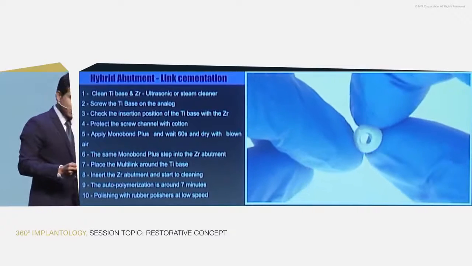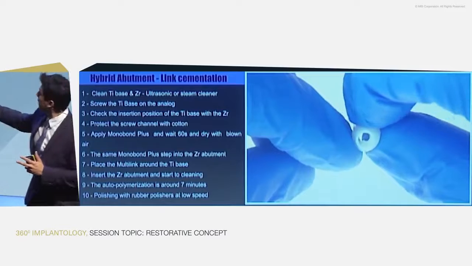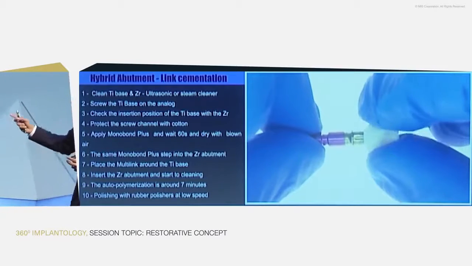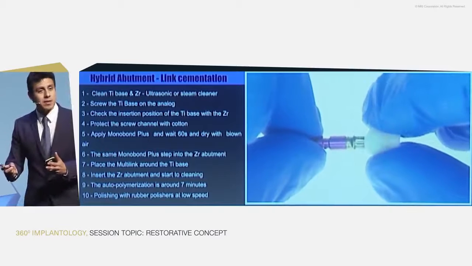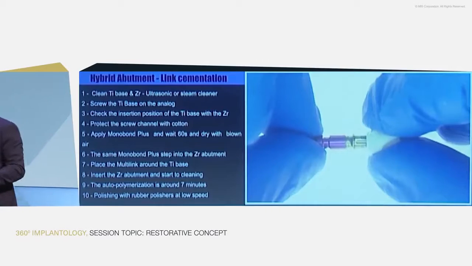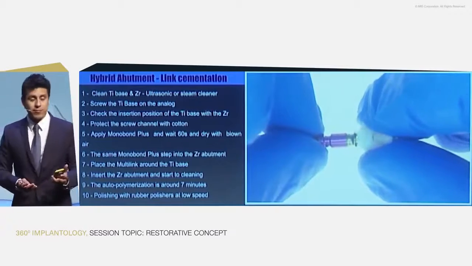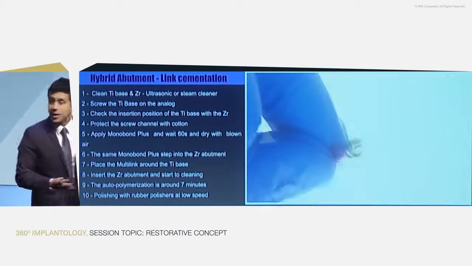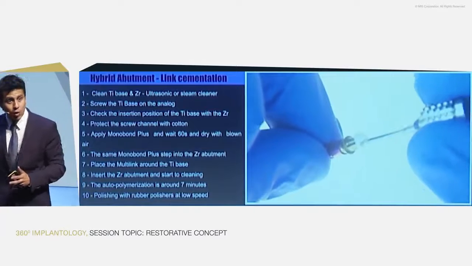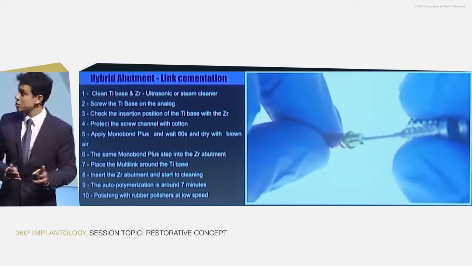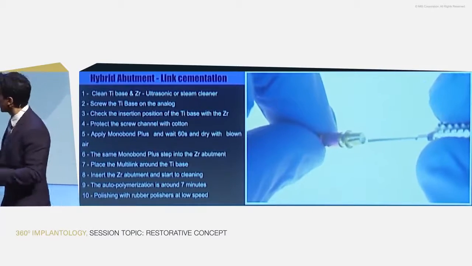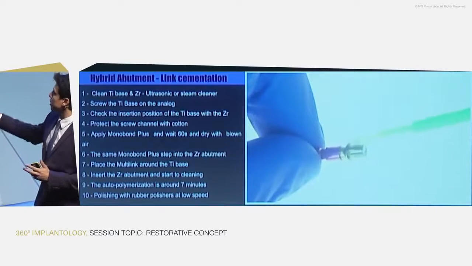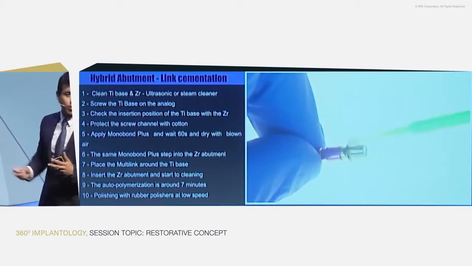To improve the macro and micro retention, you can place some monomer with 10 MDP, like Monobond Plus or Alloy Primer from Kuraray. And you have to also use a cement with 10 MDP, like Multilink Hybrid Implant or Panavia V5. If you work in this way, you can have good macro and micro retention between the zirconia and the metal part.